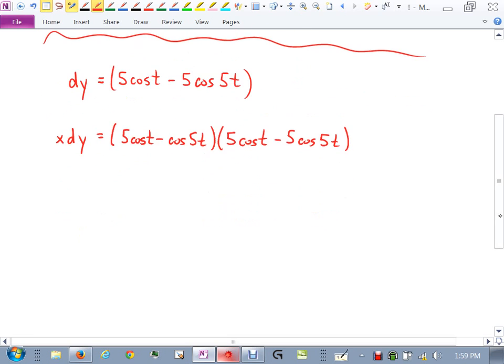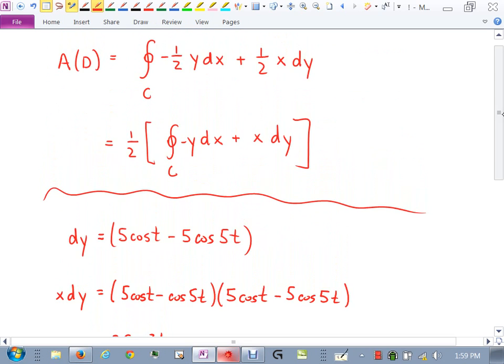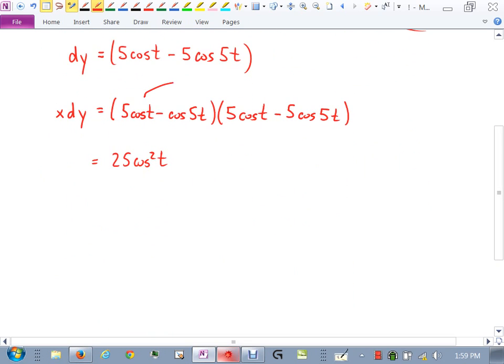And what do we have there? 25 cosine squared t. Hey, that's a good thing, right? Right, because we did pull, oh, but yeah, okay, let's just keep going. That's this. Now, minus 25 cosine t cosine 5t. That okay with you? Yes?